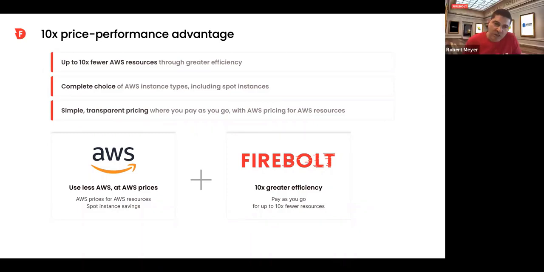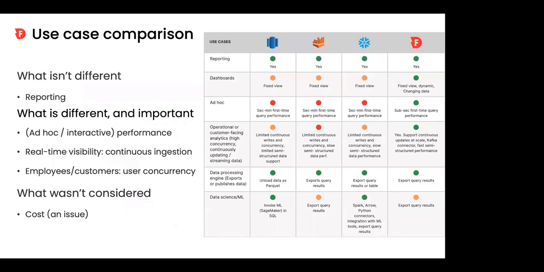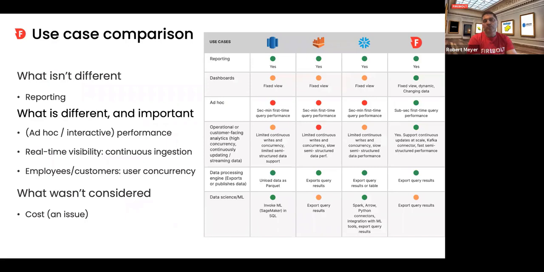But you need to think about the costs and add up these costs and do the math. Do the math by use case. Maybe traditional reporting, although that's not really going to make much of a difference in your evaluation, because they all support reporting well. How do you support ad hoc and interactive analytics? How do you support real-time continuous ingestion or employee or customer-facing use cases?